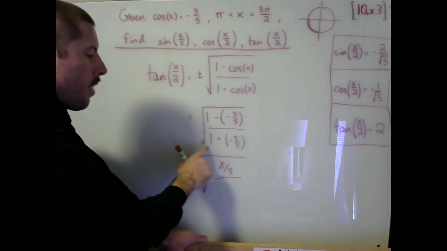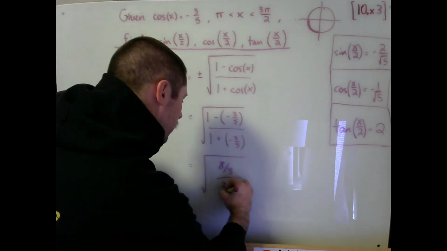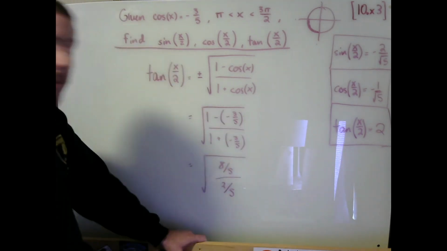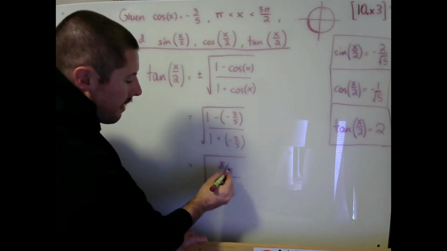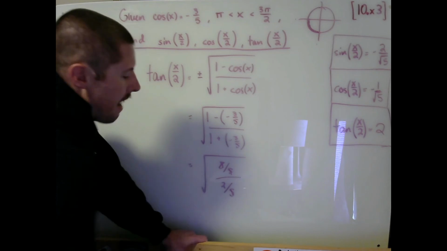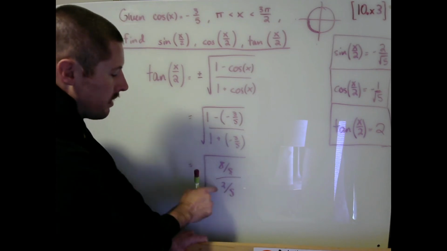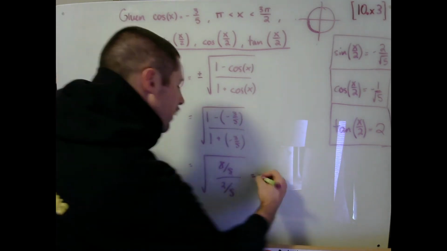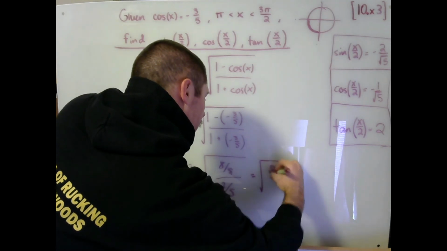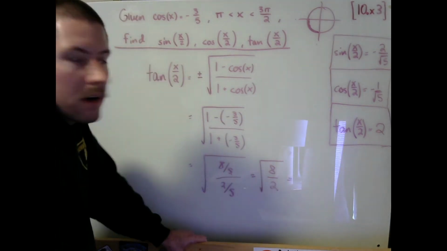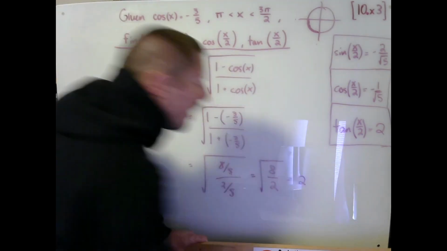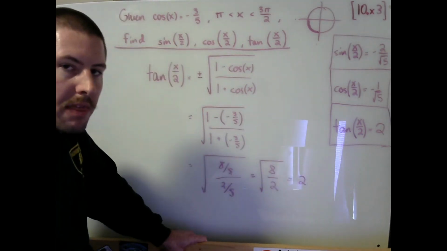On the bottom, 1 minus 3/5 should be 2/5. And when we have fractions divided by fractions where the denominators are the same, they cancel. So 5 and 5 are going to cancel, really leaving us with just 8 over 2. That's good for us. I know that 8 over 2 is 4, and the square root of 4 is 2, exactly like we arrived at from our previous method here.